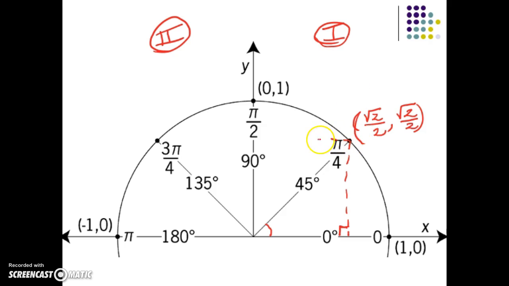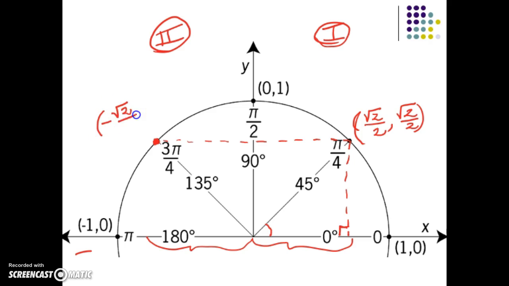When I take a point and reflect it perpendicularly over that y-axis, then just going back to coordinate geometry, I know that I am on the negative end of the x-axis. So the distance here is the same as the distance here, but now I'm on the negative end of the x-axis, so this x coordinate has to be negative root 2 over 2.